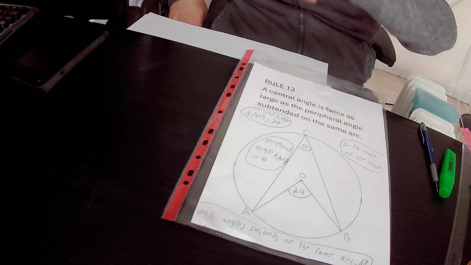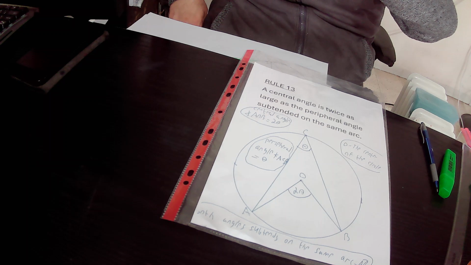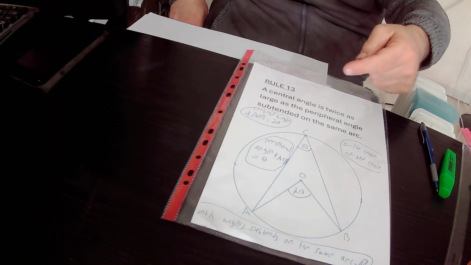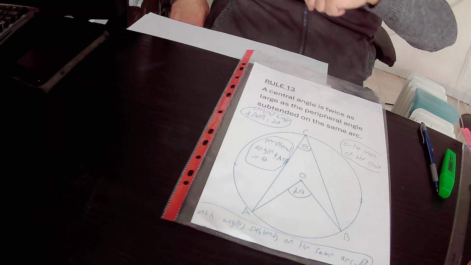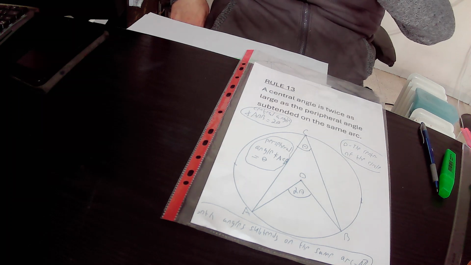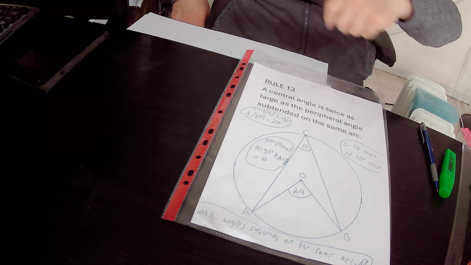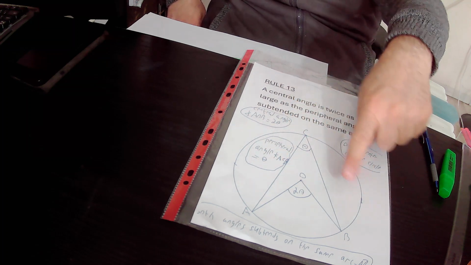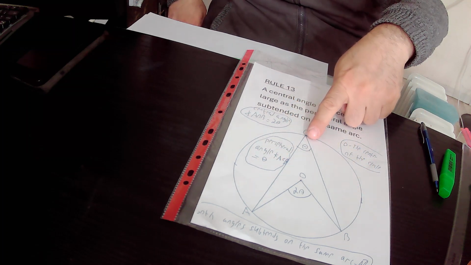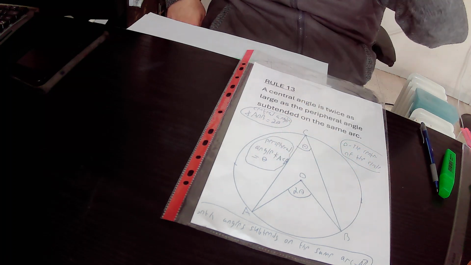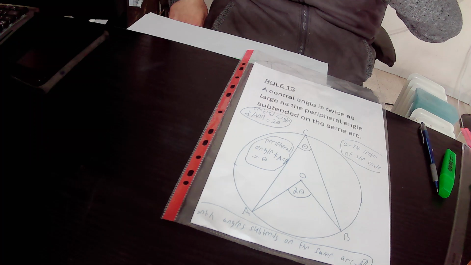Therefore, according to rule 13, whenever you have a central angle that is subtended on the same arc as the peripheral angle, the central angle will be twice as large as the peripheral angle. Because the peripheral angle ACB is equal to theta, the central angle AOB that is subtended on the same arc AKB will be equal to 2 theta.